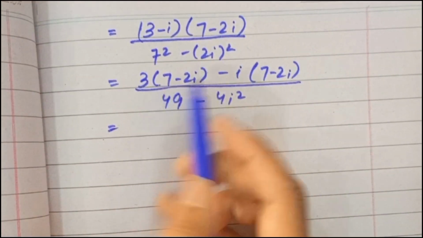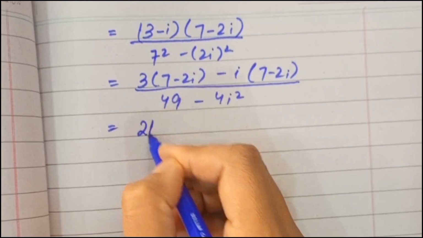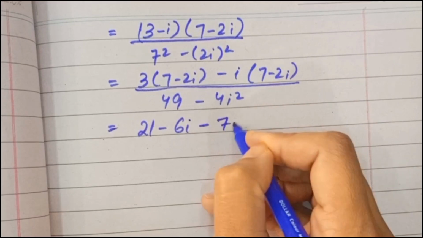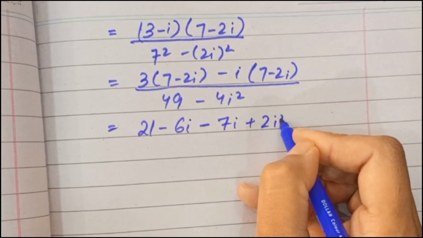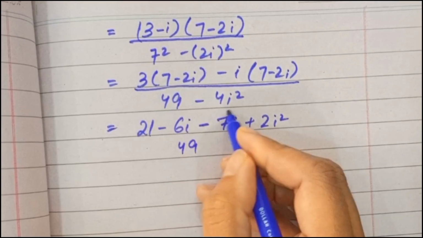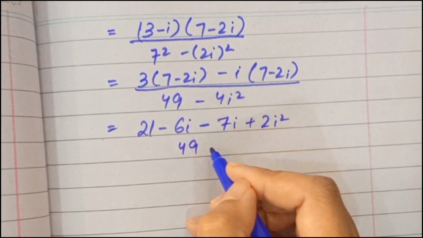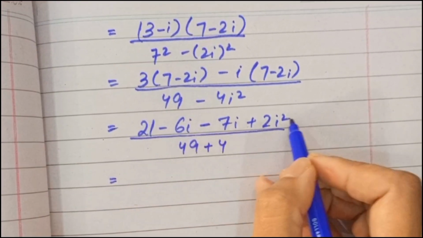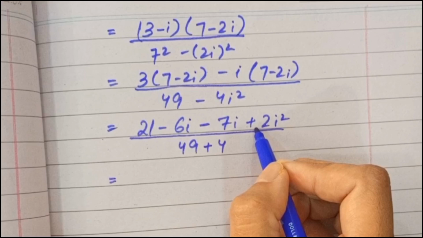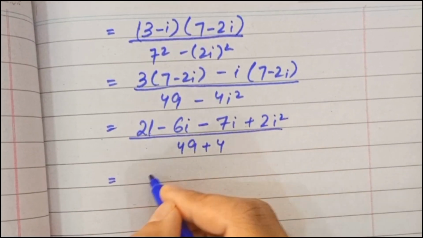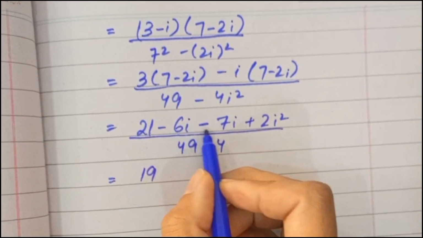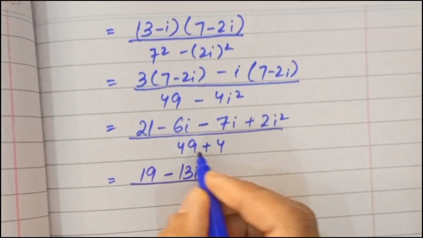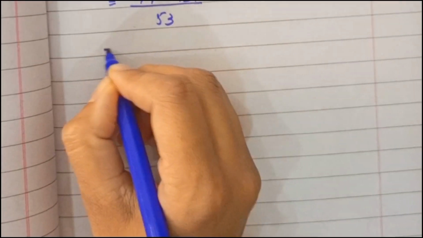Now that we split it, we will multiply it separately. 7 into 3 is 21, 3 into 2 is 6, 7i, 2i square. i square is minus 1, so minus minus is plus. i square is again minus 1, so this will be minus 2. 21 minus 2 is 19. Minus 6i and minus 7i will give us minus 13i. 49 plus 4 is 53.